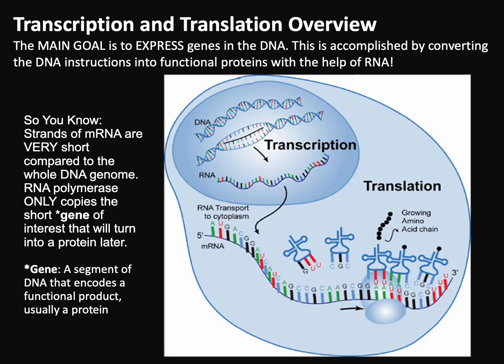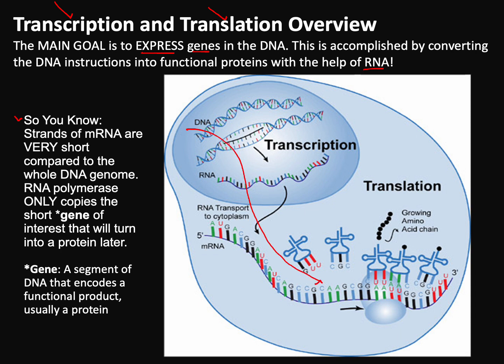So gene expression involves these two steps, transcription and translation, with the whole goal being to express genes in the DNA. And we accomplish this by converting those DNA instructions into a functional protein with the help of RNA. And so this is kind of the whole journey we're going to be going on through these next few slides.